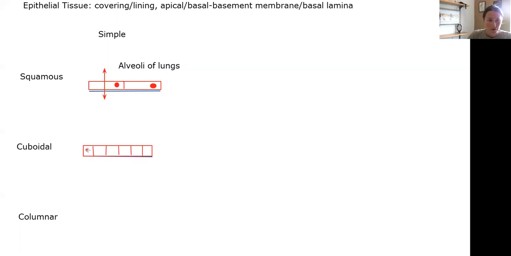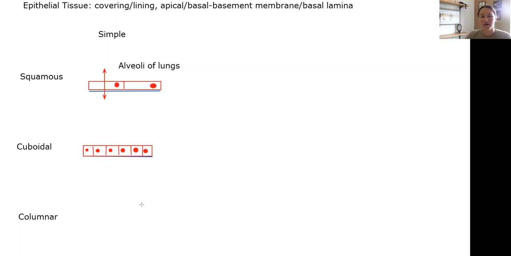So you are pretty much going to be looking for the nuclei, right? The nuclei always stain pretty darkly, and so you'll be able to see, just based on the spacing of the nuclei, that the cells are roughly cube-shaped as opposed to really squished, right? So the nuclei are farther apart in cuboidal than they would be in squamous.